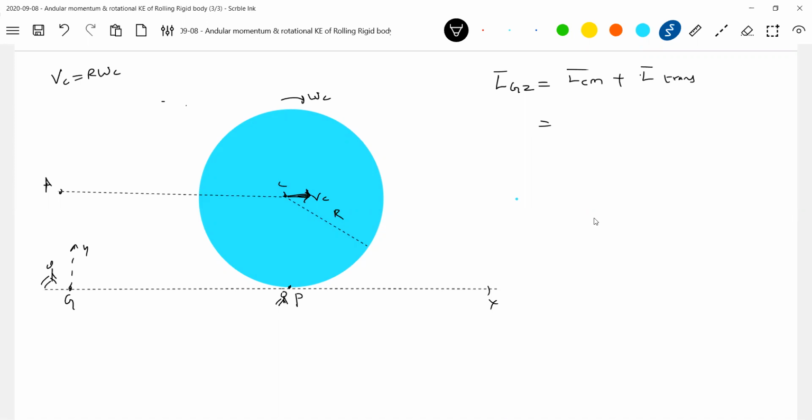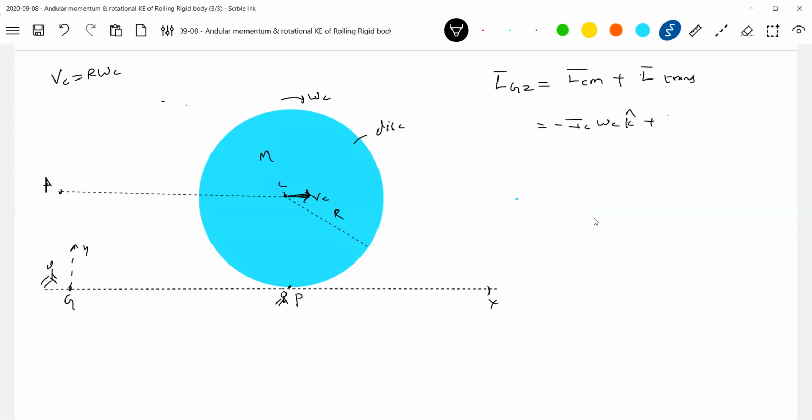Now, what is L CM bar? It's a disk of radius r, mass m. So this, I think you're going to write Ic omega c. Tell me, minus k cap or plus k cap? Minus k cap. How to get this r bar? What is the basic formula?